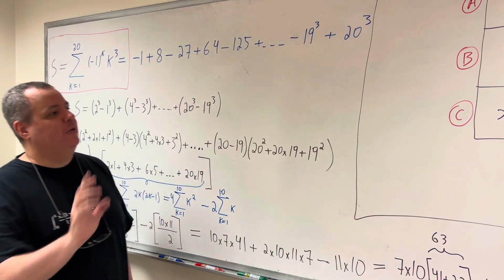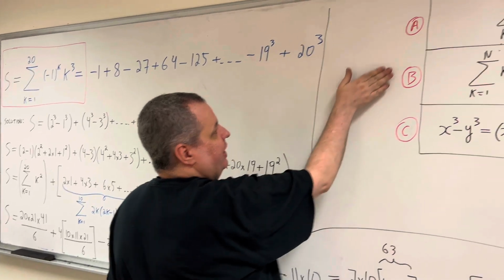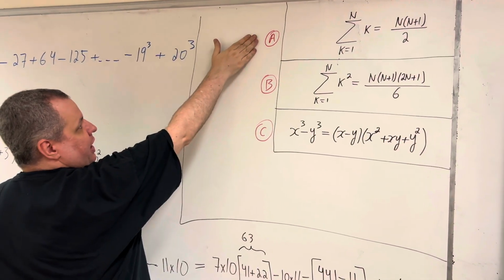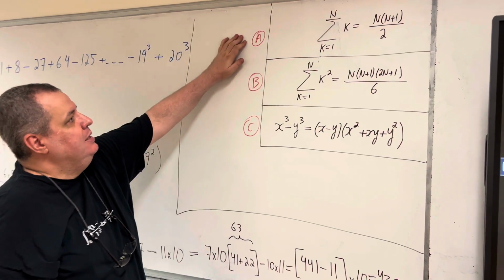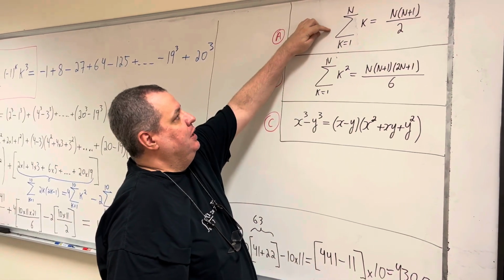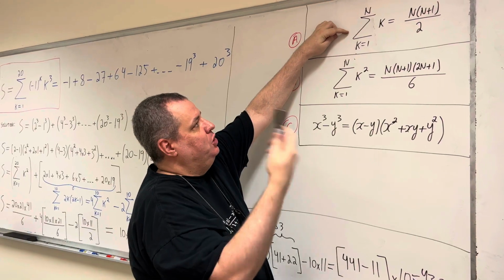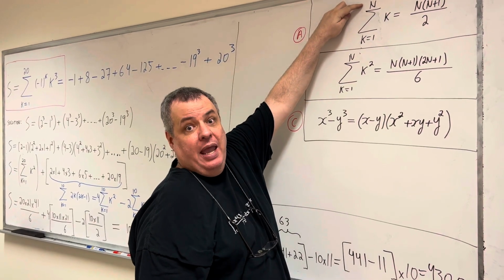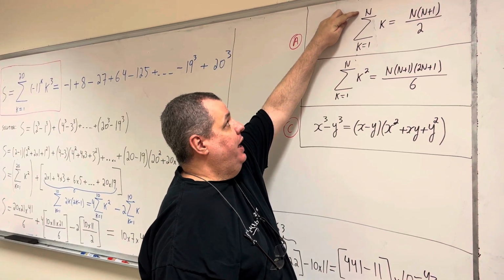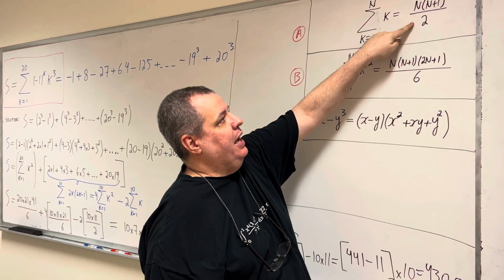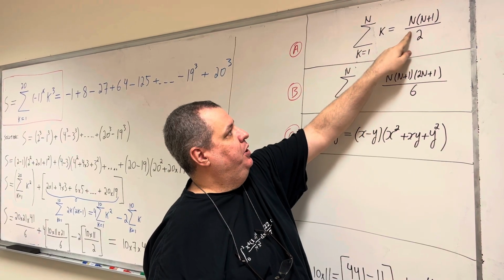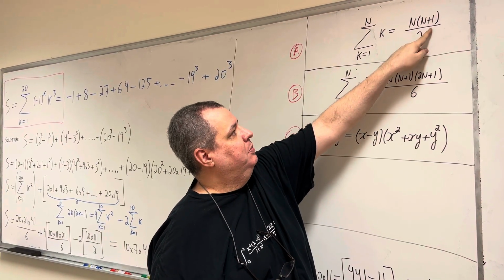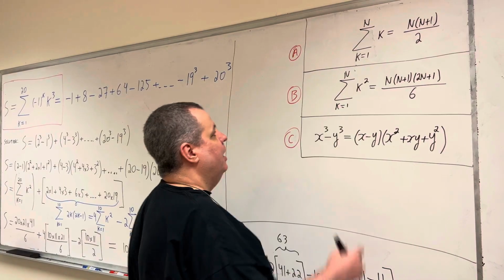And I will use these 3 friends of mine, these 3 formulas, Formula A, Formula B, and Formula C. Formula A says that if I add up the numbers 1 plus 2 plus 3 plus 4 up to a certain positive integer n, that's the formula that I get. Those are the triangle numbers, numbers of this shape here: n times n plus 1 over 2.